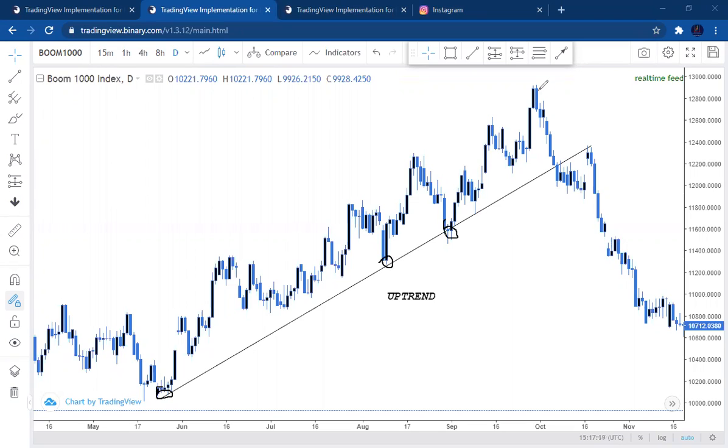So right here, price broke this trend line, retested, and changed direction. You get it?